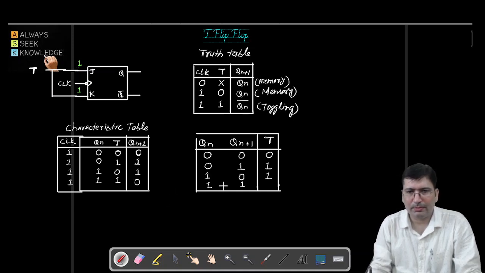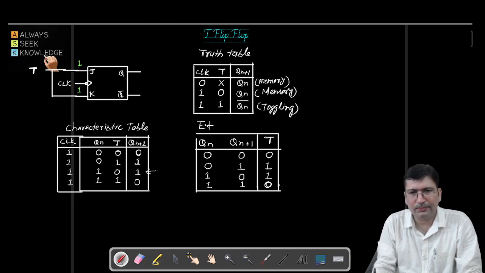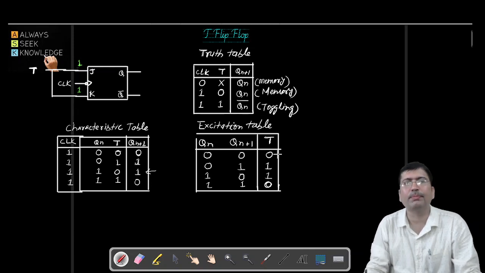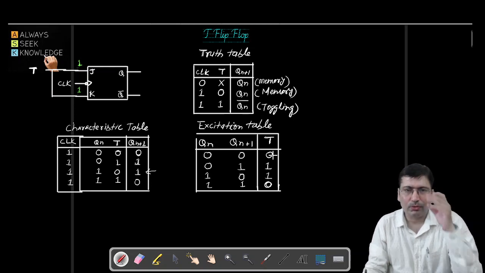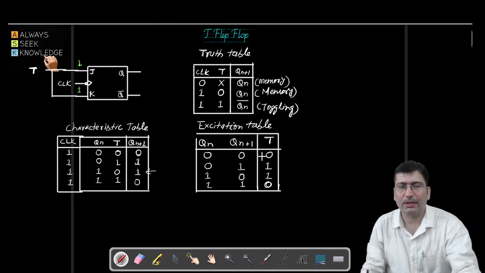And if both Qn and Qn plus 1 are 1, like this last case here, in that case T will get value 0. So this is the excitation table of T flip-flop. So with this, I'm ending this lecture. Thank you everyone for connecting.